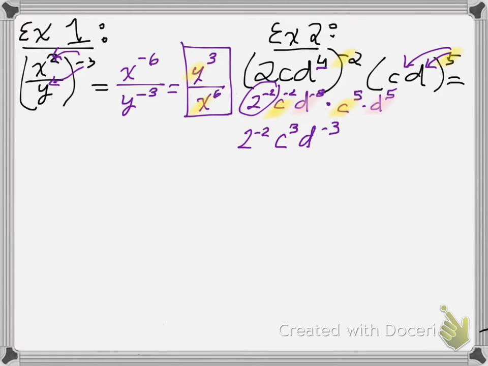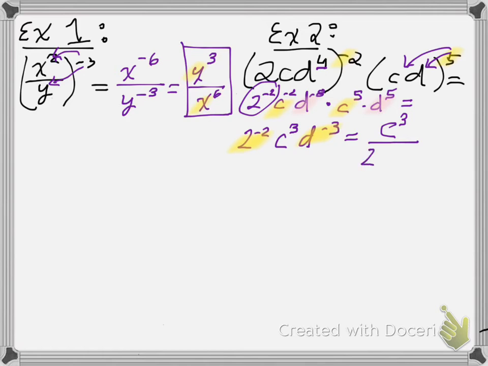Now I don't want to leave an answer having negative exponents. So I notice that I have 2 sets of negative exponents there. I have the 2 to the negative 2, and I have a d to the negative 3. So any negative exponents I'd like to rewrite by putting as positive exponents in the denominator. So my numerator, the c to the 3rd, will stay where it is.